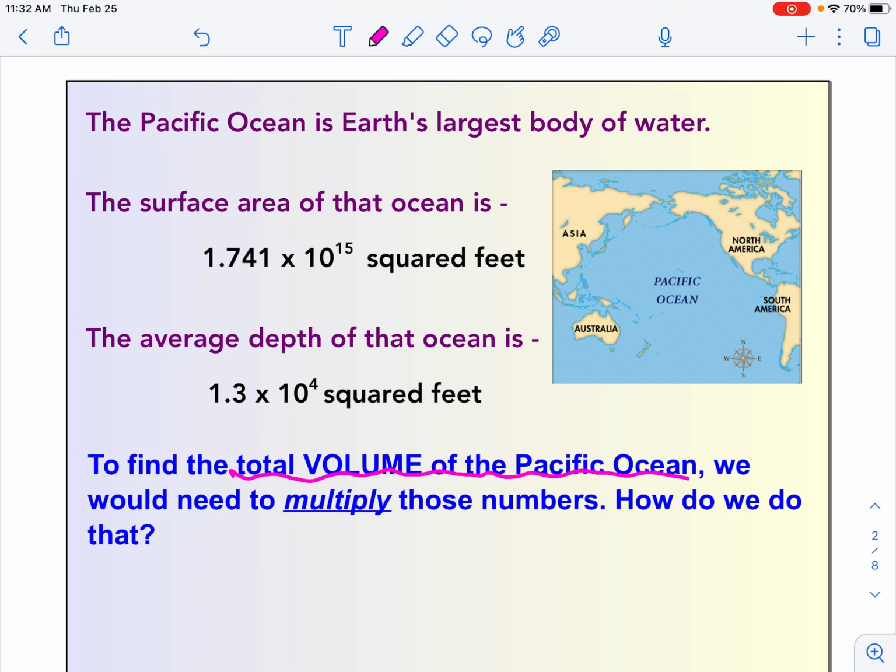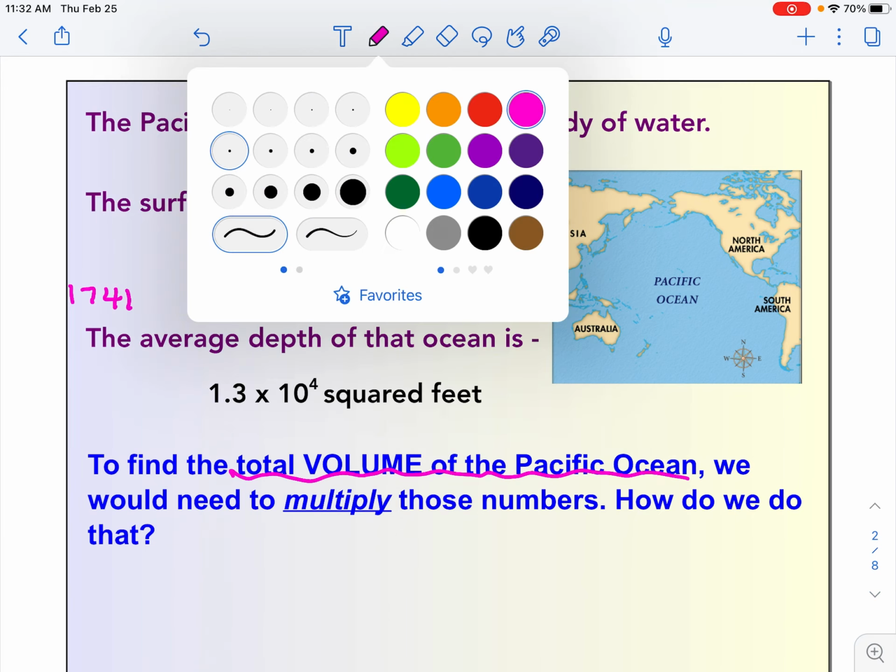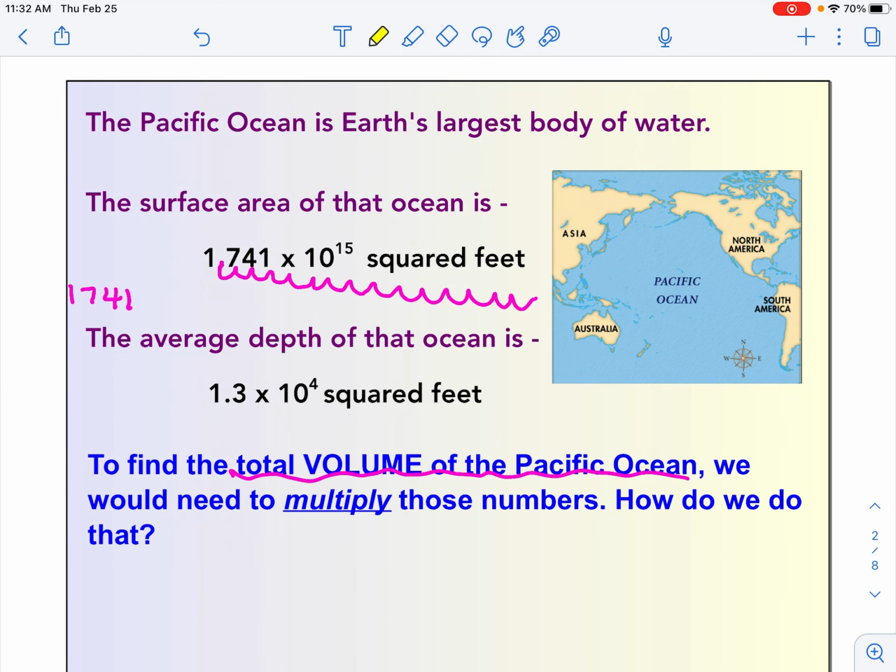Well, we could write this number out, but we'd have to move the decimal point over. There's 3 places. 4, 5, 6, 7, 8, 9, 10, 11, 12, 13, 14, 15. Okay, that's a really large number. Even to enter it in our calculator, we would have to have another 1, 2, 3, 4, 5, 6, 7, 8, 9, 10, 11, 12 zeros.